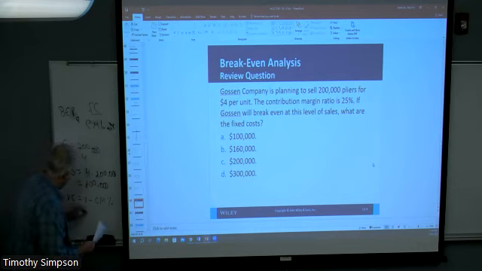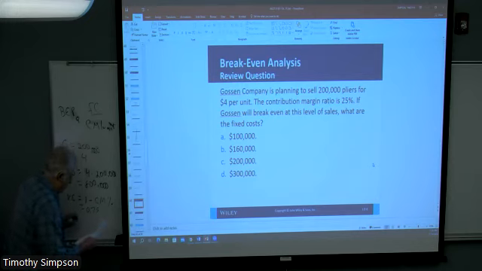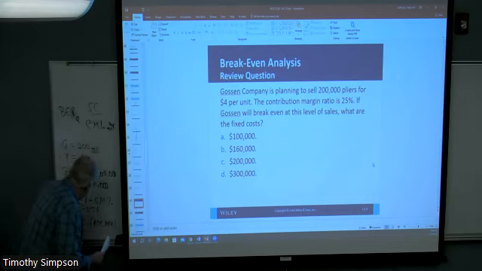That's the variable cost ratio, so it's 0.75 times 800,000, which is 600,000.